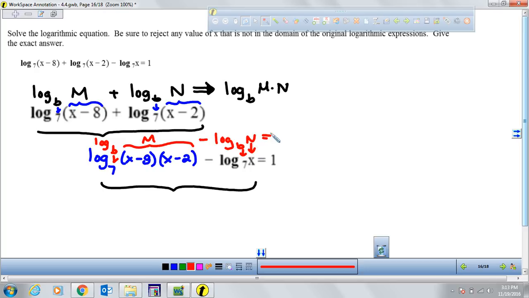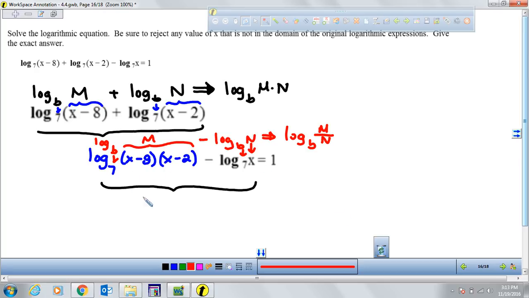When you subtract, the rule tells you that you are going to change it to division, combine it into one log under division. Log base b of m minus log base b of n equals log base b of m divided by n.